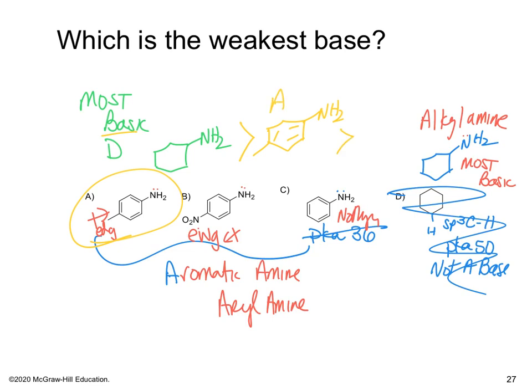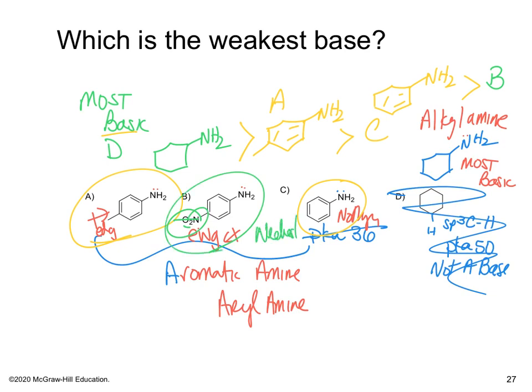And then you would have C, where you have no electron donating group and no electron withdrawing group. And then you would have B with the electron withdrawing group as the weakest base.